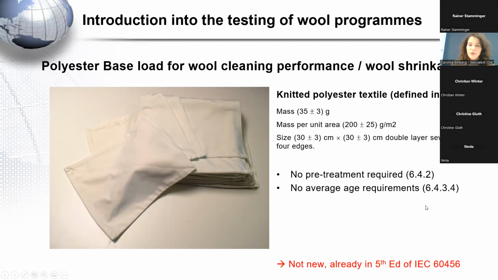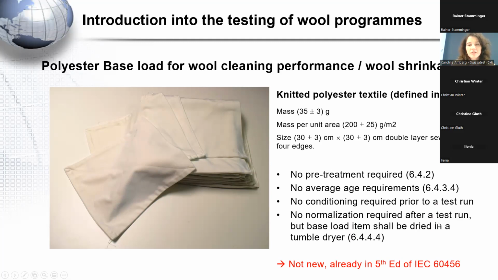There is also no average age requirement for the polyester base load. No conditioning is needed prior to a test run or between test series, and no normalization is required after a test run or after test series. So it's relatively easy and convenient to handle.